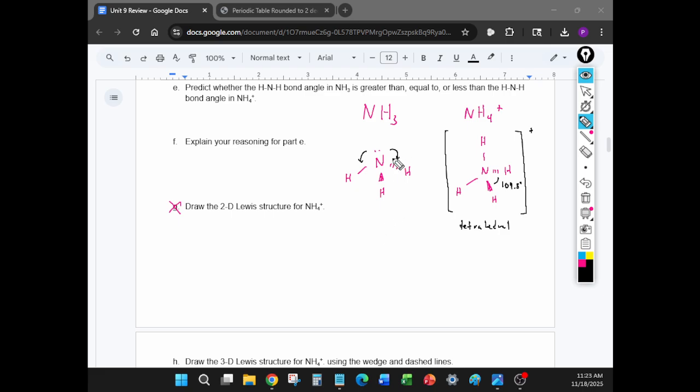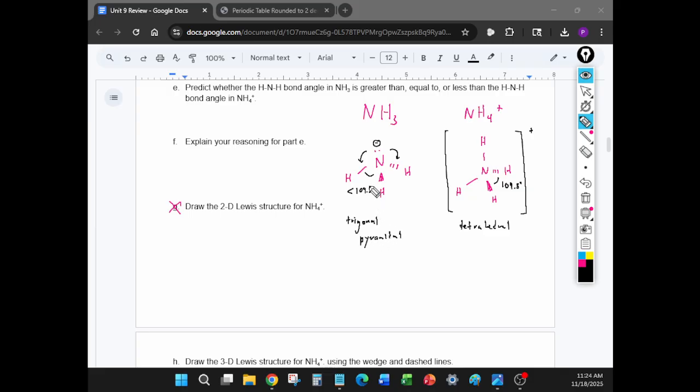It actually pushes the single bonds down, away from the lone pairs, just because electrons are just negative. They're just like, that's as negative as you can get. So it pushes these down, so it actually makes this bond angle right here less than 109.5. This is something that you're going to have to keep in mind. It will be on your test, just a heads up. And so NH3, the shape is trigonal pyramidal.